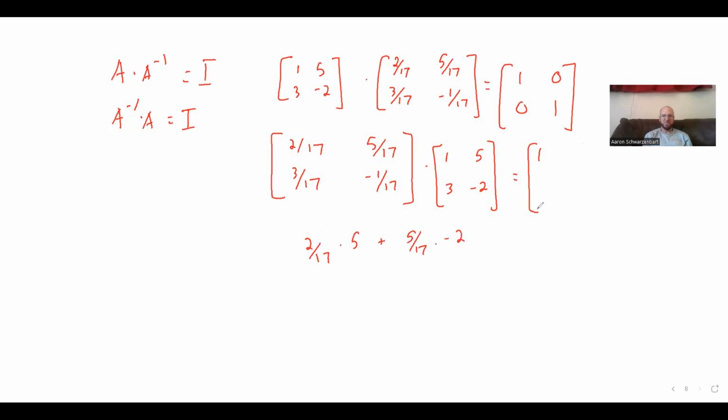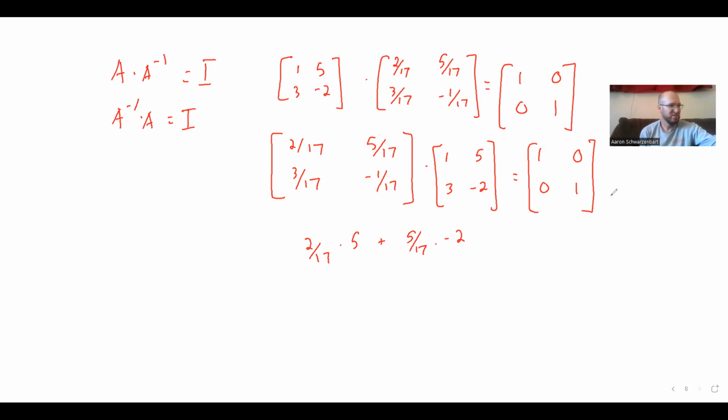That's 10/17 plus negative 10/17 is 0. 3/17 times 1 plus negative 1/17 times 3 is 0. 3/17 times 5 is 15, plus negative 1/17 times negative 2 is positive 2/17. 15/17 plus 2/17 is 17/17, or 1. So the inverses do multiply to give me the identity.